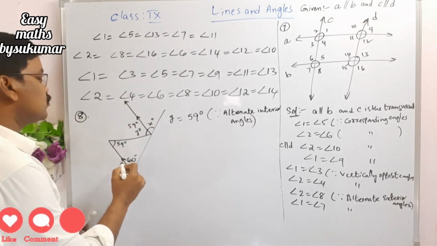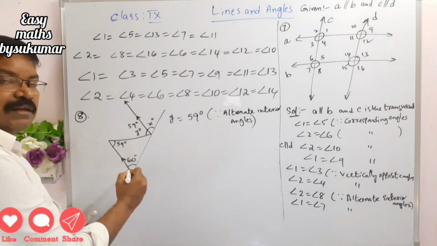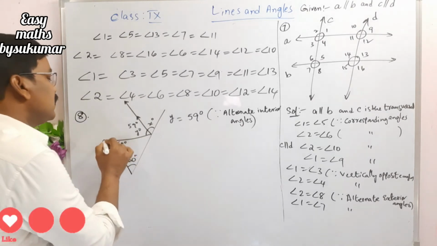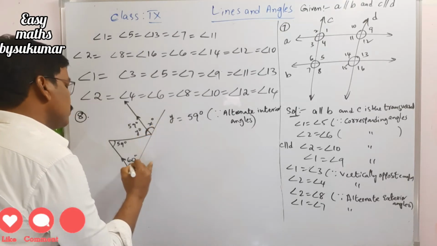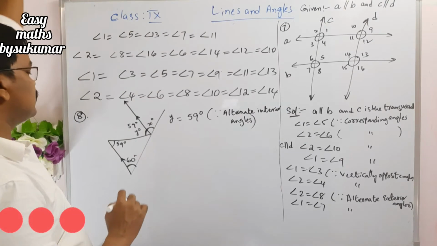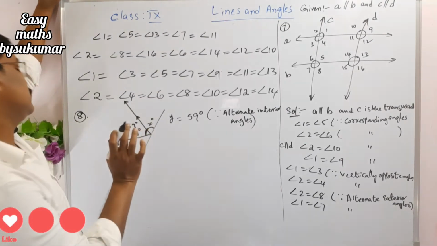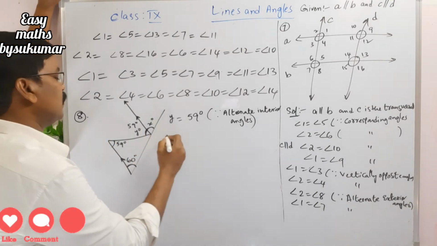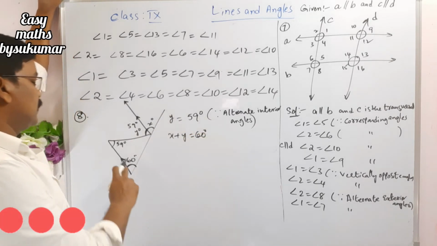Now my dear students, this line and this line are parallel. Are you looking here? Since it is a transversal, x plus y should be equal to 60 degrees. Why are x plus y and 60 equal here?